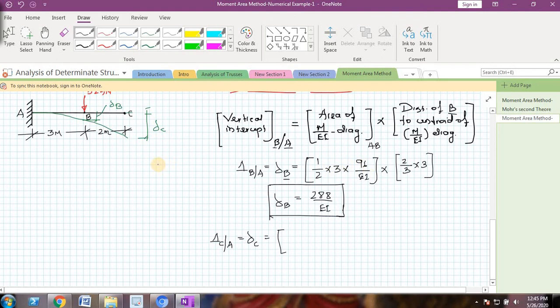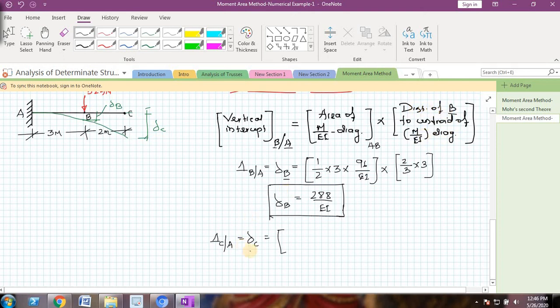That will once again be same as half of 3 into 96 by EI, because the area of M by EI diagram between A and C is same as M by EI diagram between A and B, because from B and C there is no moment diagram. It will be same multiplied by, now in this case it will be not distance of B to centroid of M by EI diagram, instead it will be distance of C to centroid of M by EI diagram.